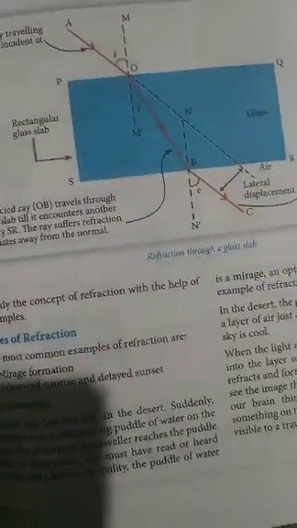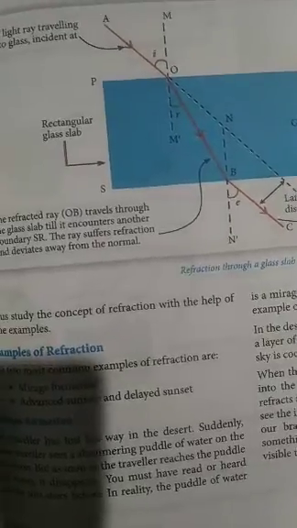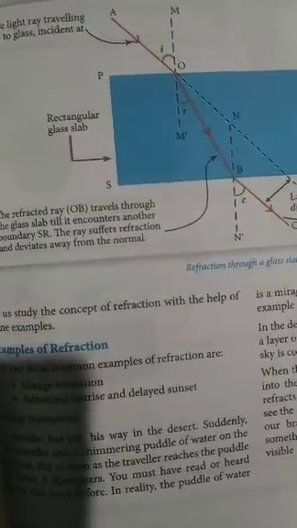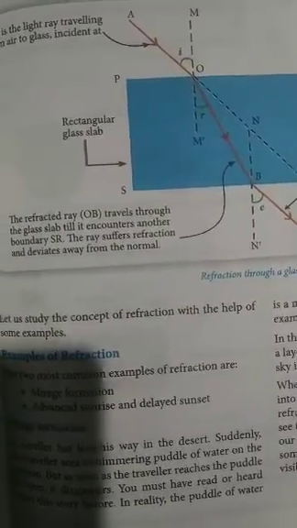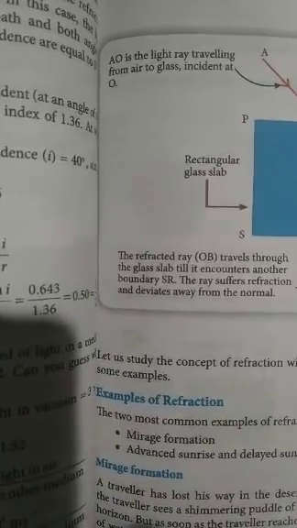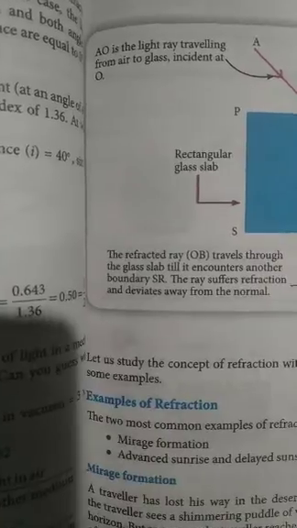In the desert, the ground is hot in the daytime, so the hot ground warms a layer of air just above the ground, while the air in the sky is cool. When the light moves through the cold air and enters the layer of hot air, it gets bent or refracted. It refracts and forms nearly a U-shape.